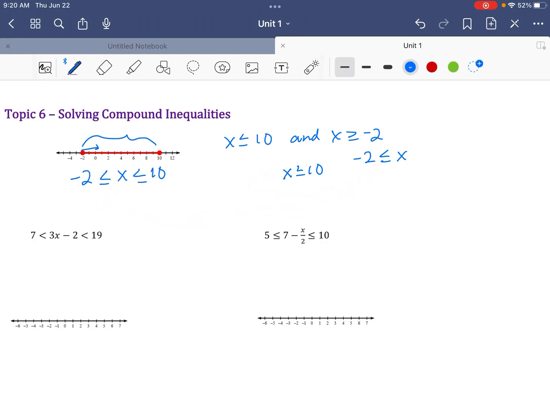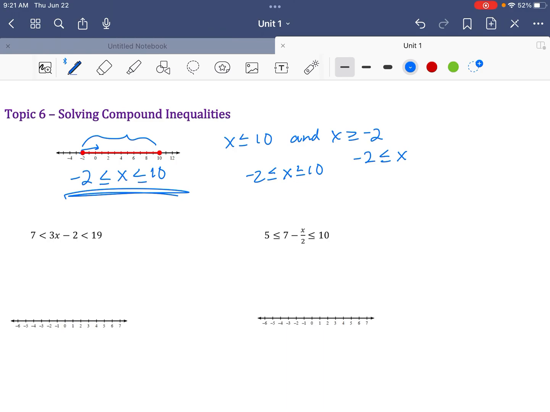Since it's an and statement, I want both of these things to happen at the same time, that's why I can put that there. So, when you see a connected line like that, this is what you write. And that's why the symbols are opening towards the right, these greater than, less than symbols right here. Okay, so x is between -2 and 10.